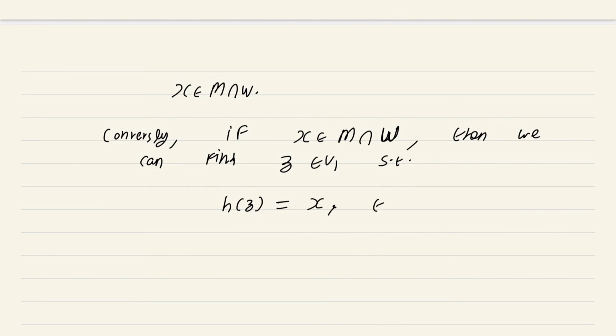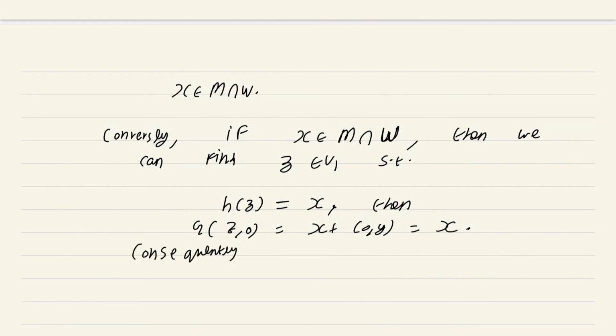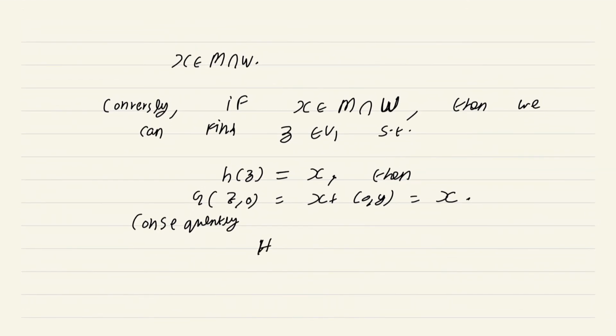Then h of Z comma 0 is X plus 0, which is equal to X. Consequently, capital H of this point X has got to be Z comma 0, which just means G of X is 0.